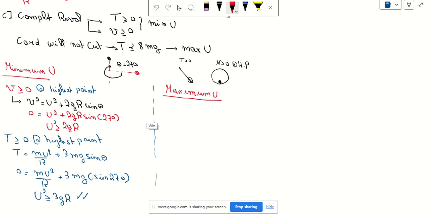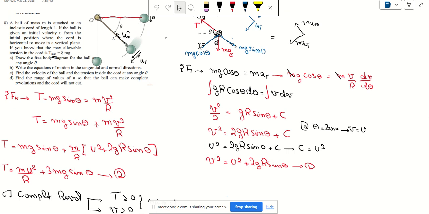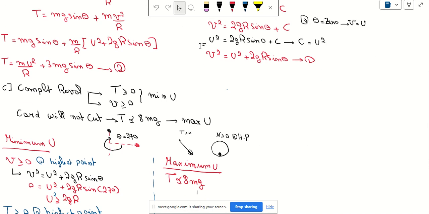You will find that the maximum one is again at T less than or equal 8mg. But what I'm asking you is, where is the maximum T? Where will the maximum T happen? Sir, I think at the lowest point. Yes, it's at the lowest point.